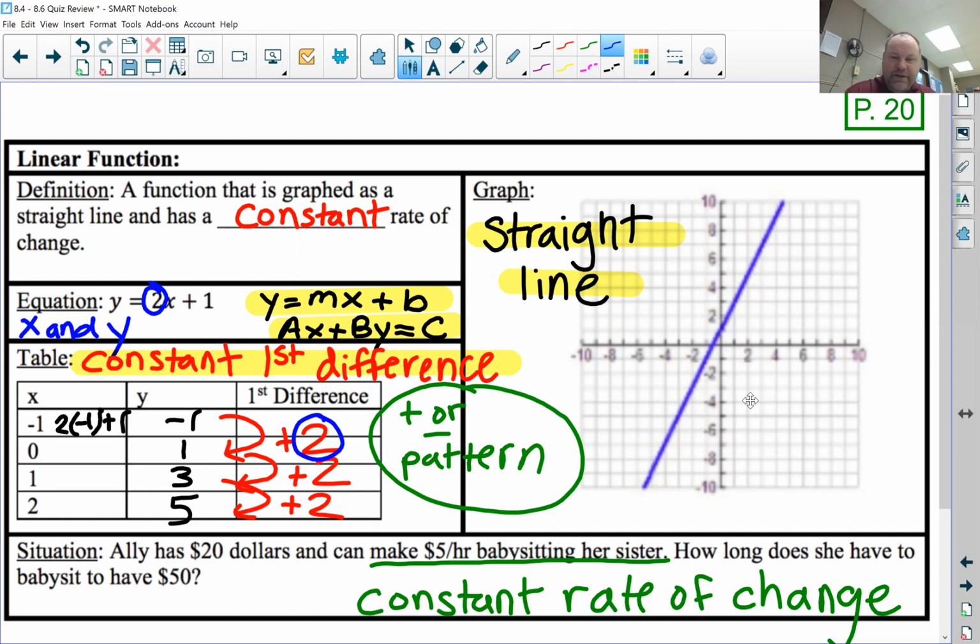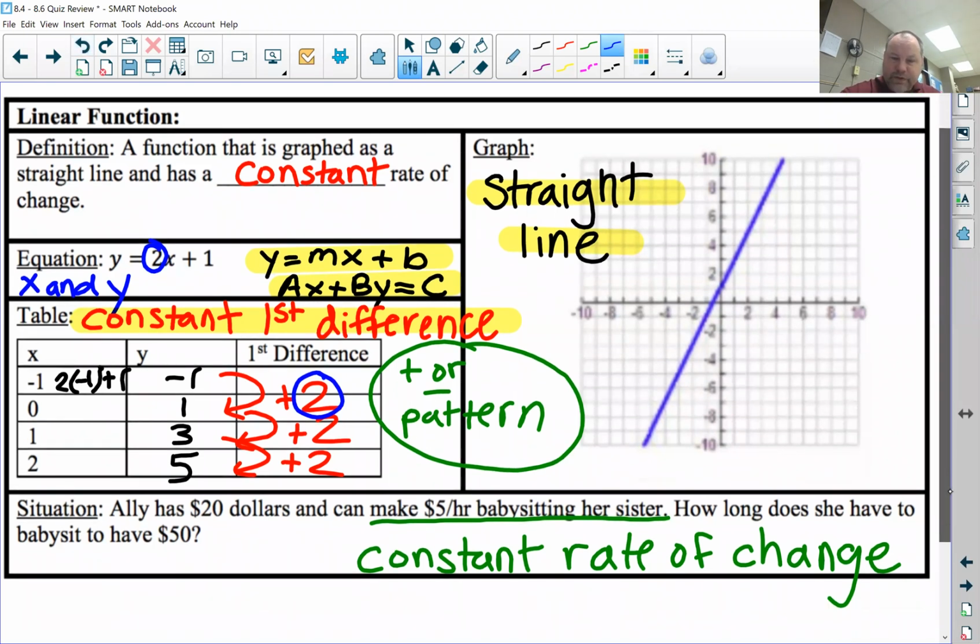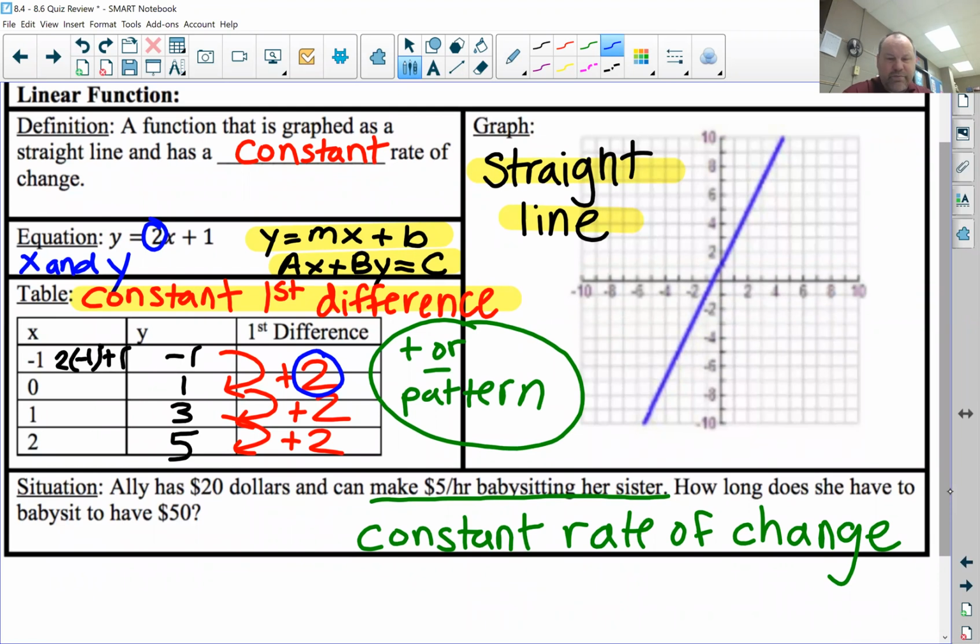A graphing example, we have a line, slope of 2, y-intercept of +1. A situation that could be modeled with a linear pattern, something like Allie has $20 and can make $5 per hour babysitting her sister.